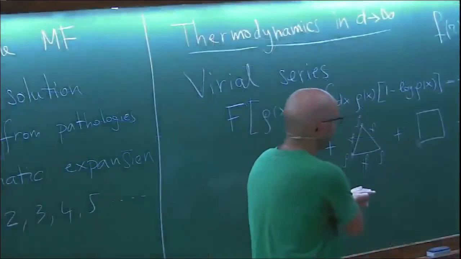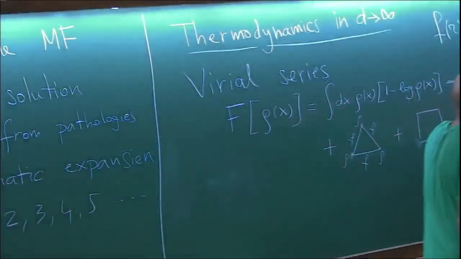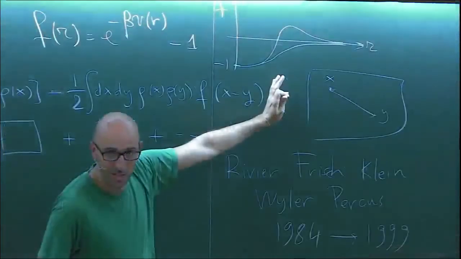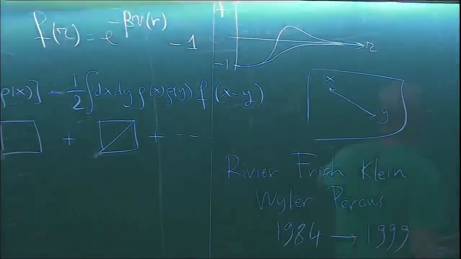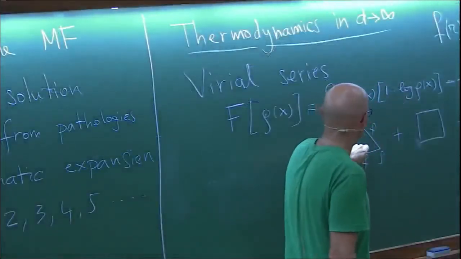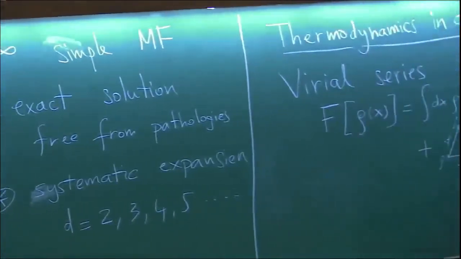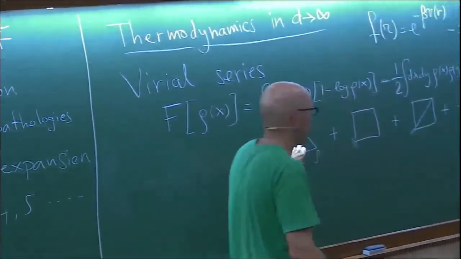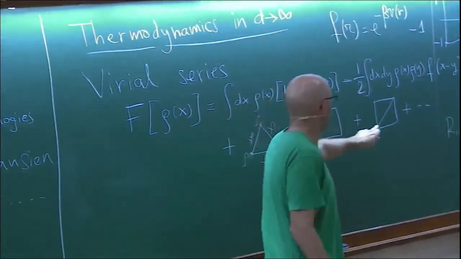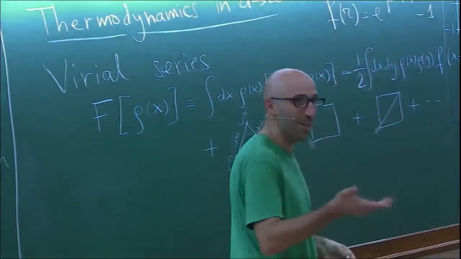And essentially what happens is that you can stop here when you are in infinite dimensions. The reason is that this diagram is exponentially smaller when D is large than this one. And this one is exponentially smaller than this one, and so on.